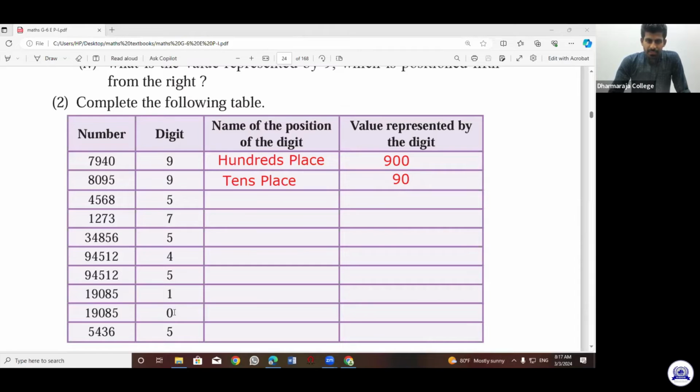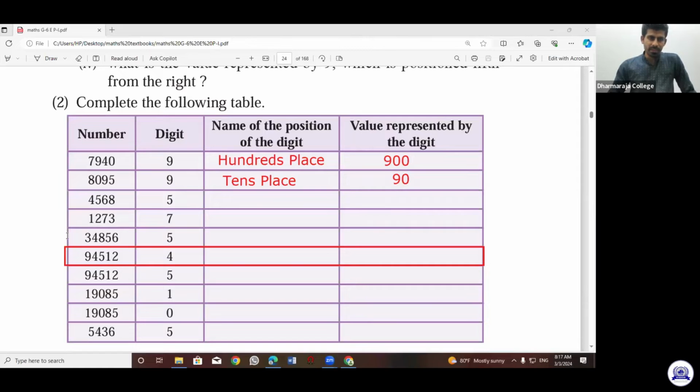Then I will do that question, right? I'm just trying to do some of the questions. Another example for you, just one example. Ones place, tens place, hundreds place, thousands place.